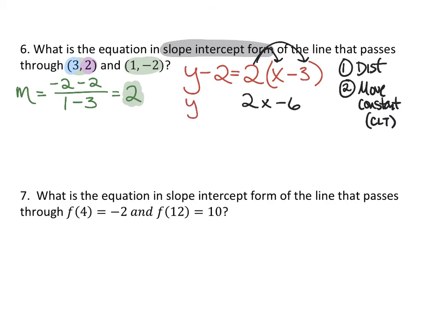I have y minus 2 still on the other side, but when I move that negative 2 to the other side so it can combine with the negative 6, it's going to change signs. Cross the line, change the sign. So I'd be left with y equal to 2x, and whatever negative 6 plus 2 is, which is plus 4.